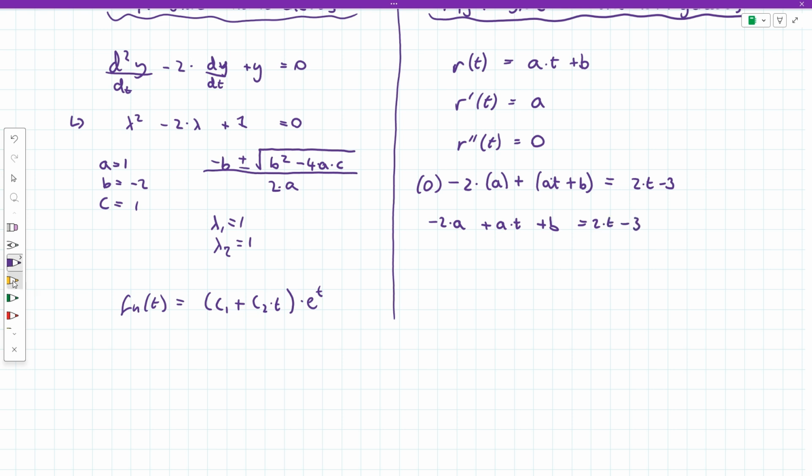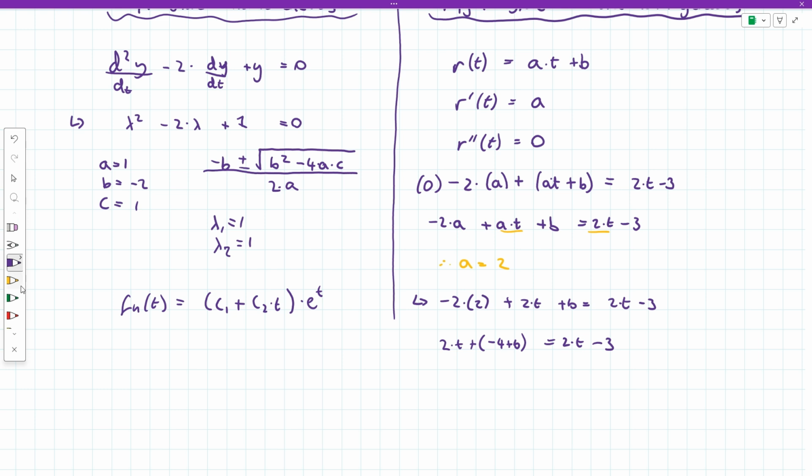Now what immediately jumps out to me is we have only one term in t on each side, which means that the coefficients have to be equal. This means that a is equal to 2 because there's no other coefficient of t which would add up. Now I know that a equals 2, I can sub this back in, which means that we can say minus 2 times 2 plus 2 times t plus b equals 2 times t minus 3. That gives us 2 times t plus minus 4 plus b equals 2 times t minus 3.